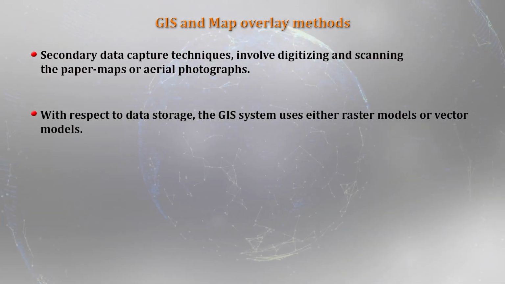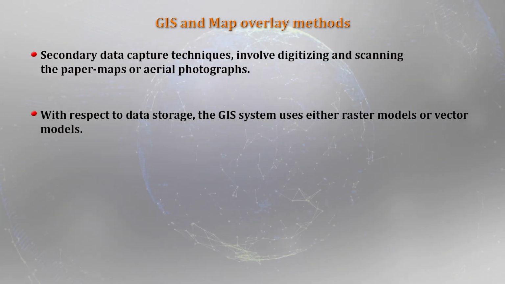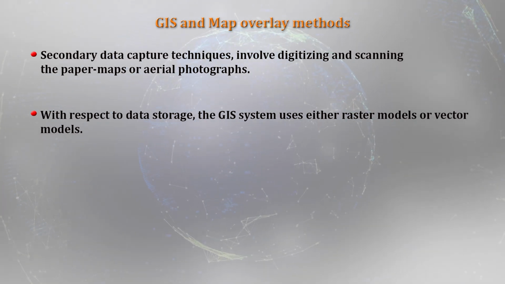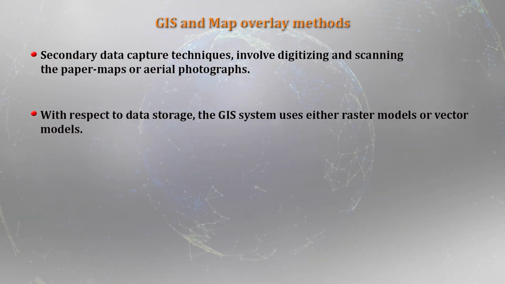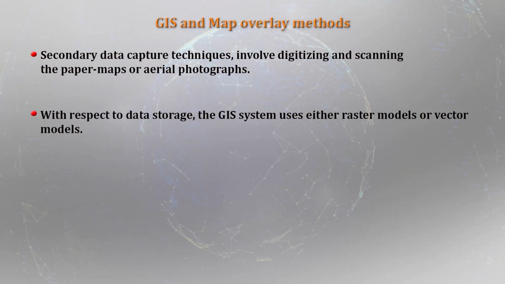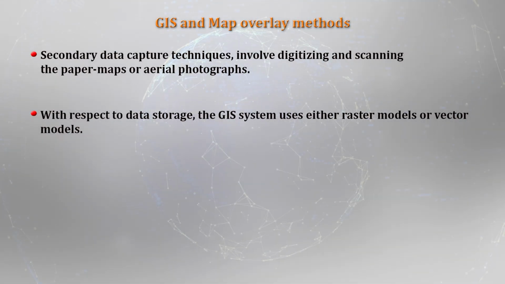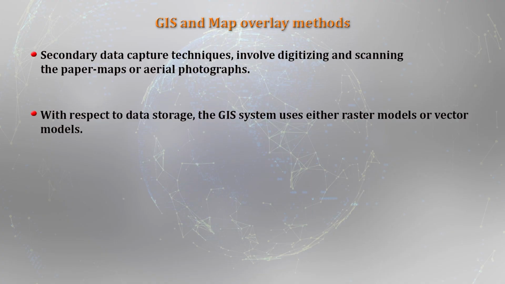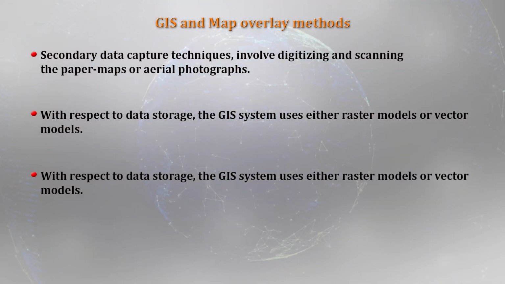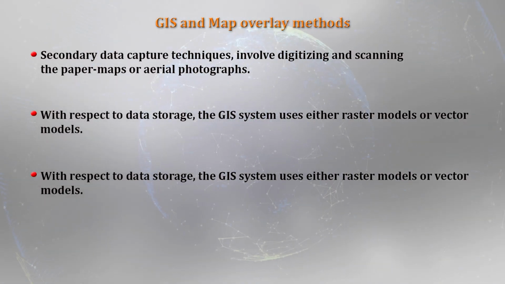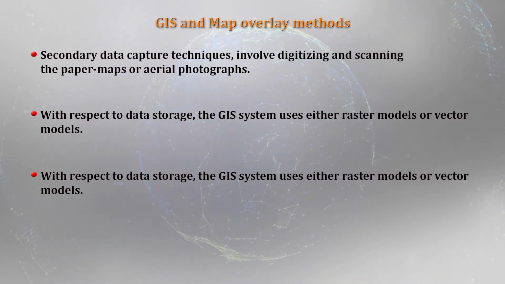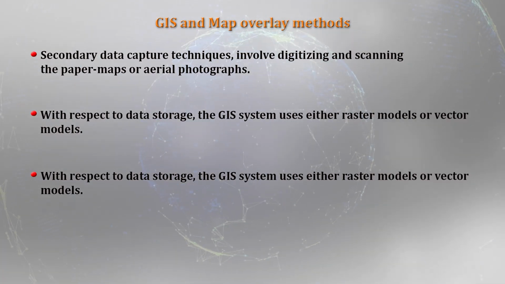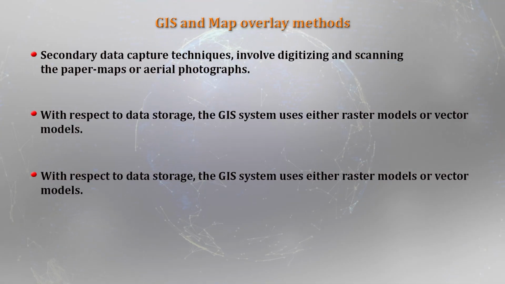With respect to data storage, the GIS system uses certain models. They are either raster models or vector models. This is a very interesting point, because based on these models even the GIS system has been categorized.